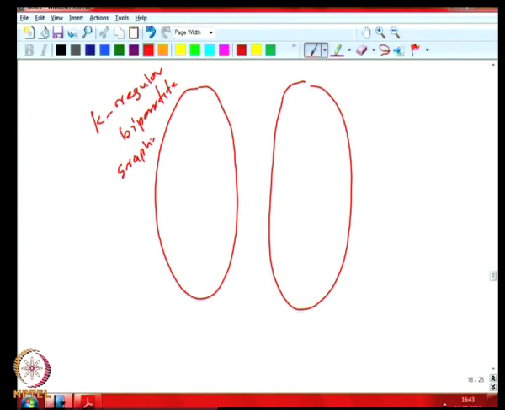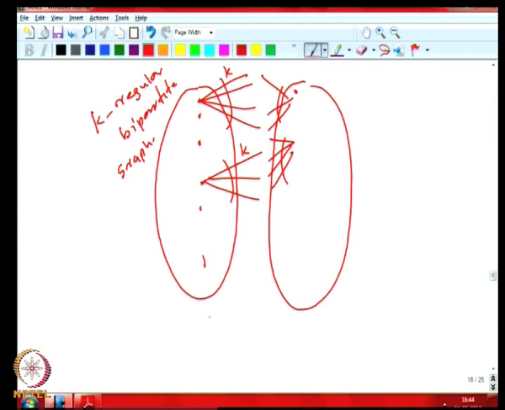What are K-regular bipartite graphs? From the A side, the degree of each vertex is exactly K. For every vertex on the A side the degree is K, and on this side also it is K. Now for instance we will start using the double counting argument to say that the trivial condition is met, namely, if there are m sets here, there should be exactly m elements in the universe.